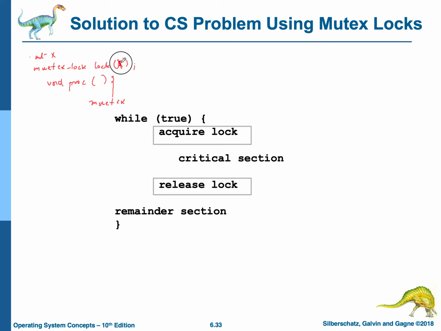There might be any variable. We can say mutex lock and lock x, and then we manipulate.